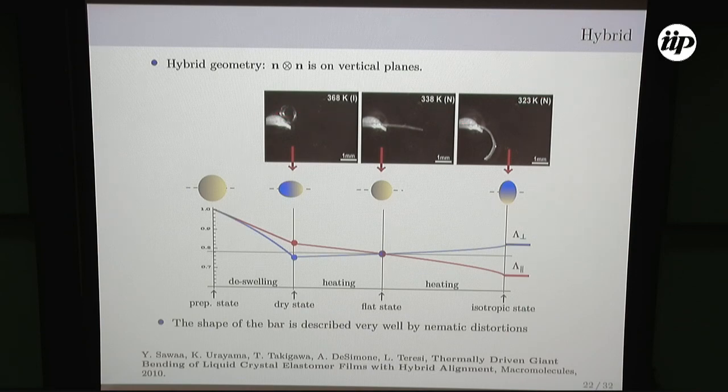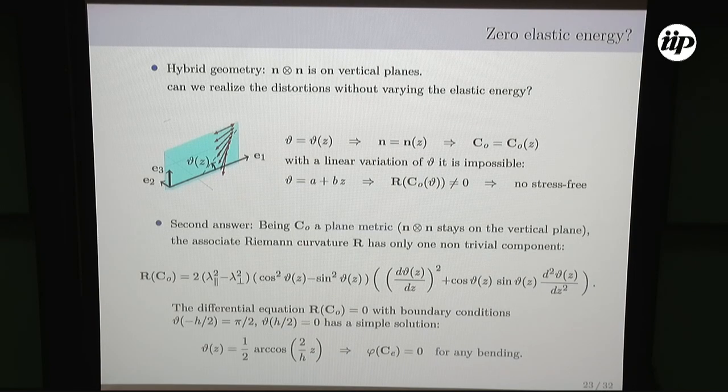And you ask, is there stress inside this bar or not? And you can use this test. Because this distortion lies in a plane, the Riemann curvature is very simple. It has just one component, and this is the component of the Riemann curvature.